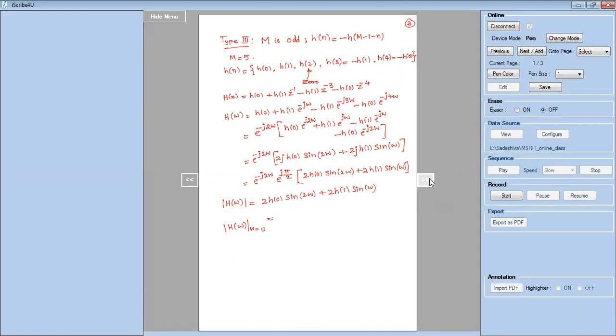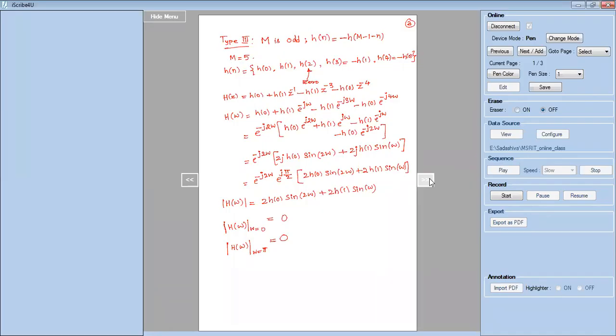What will it be? 0. Yes. Then what about the magnitude response at omega is equal to pi? Once again, it is 0.